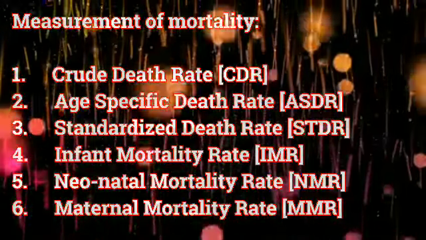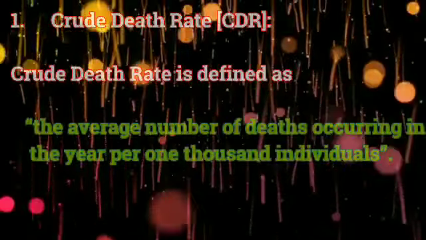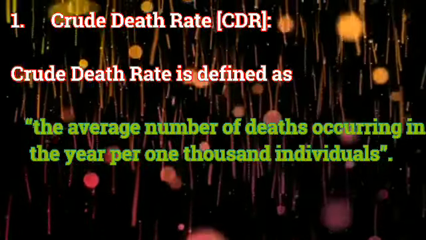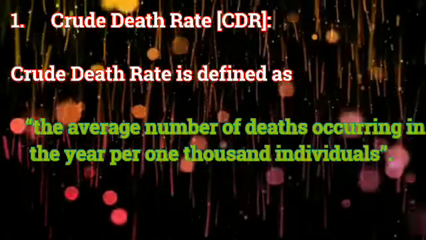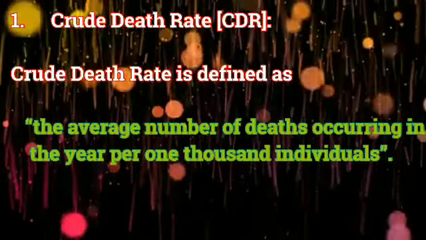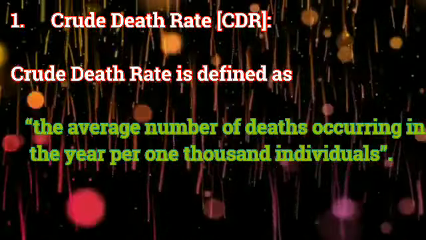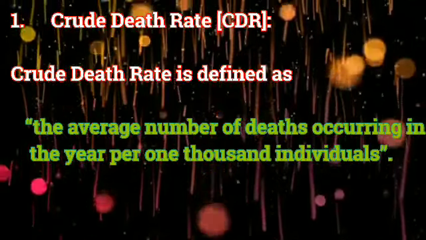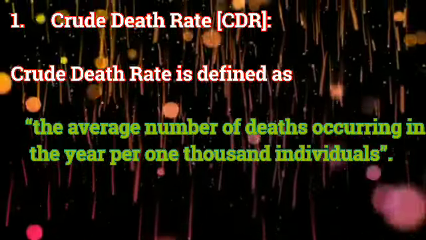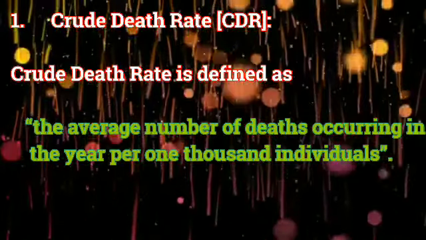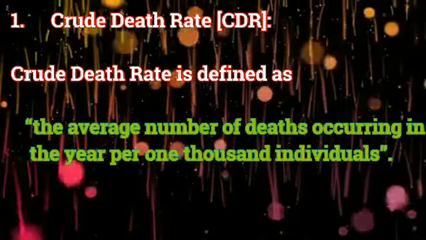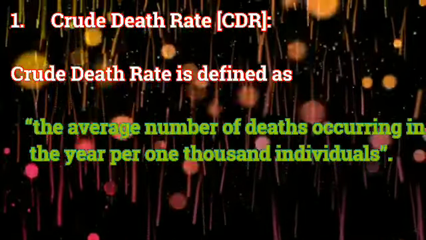Let us discuss one by one. The first measure of mortality, that is crude death rate or CDR. CDR is defined as the average number of deaths occurring in the year per 1000 individuals. That is, total number of deaths during a given time interval per 1000 individuals in a given geographical location.